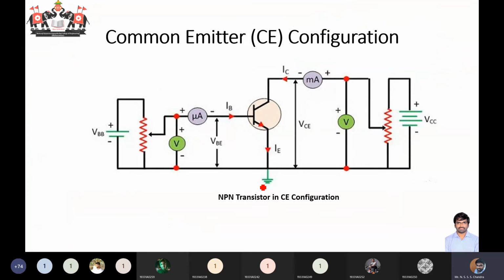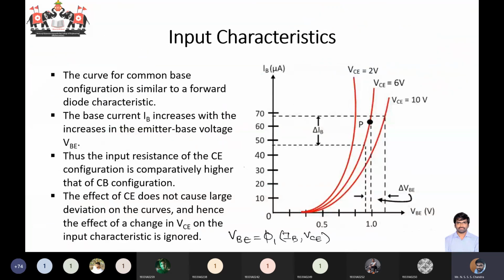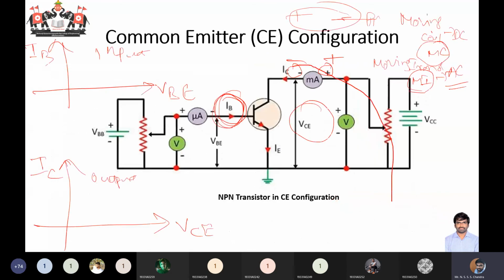Now I'll go to the next slide. The input characteristics, as you have told, is between VBE versus IB. Your VBE is in volts, whereas your IB is in microamperes. You are drawing the graph for different VCE values because you are using an NPN transistor, where your collector junction will be reverse biased.